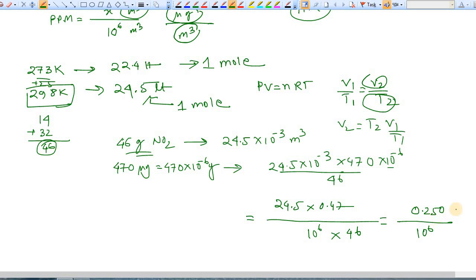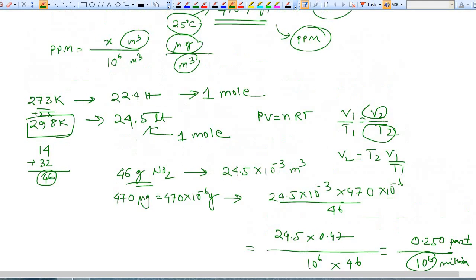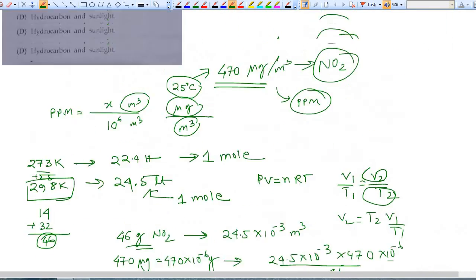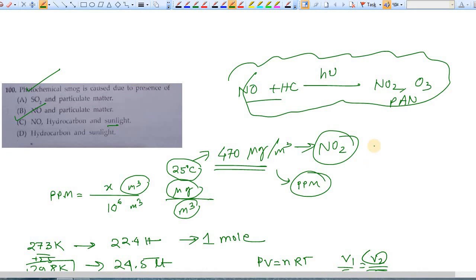So this is parts per million. Okay, so now we have converted, it is coming as 0.250. So this is equivalent to 0.25 ppm, and in the options, yes, there is 0.25.